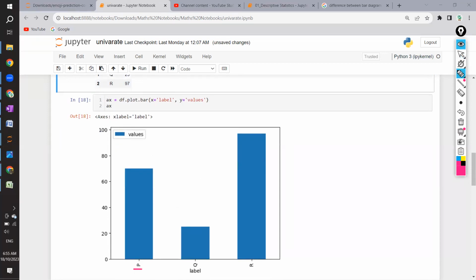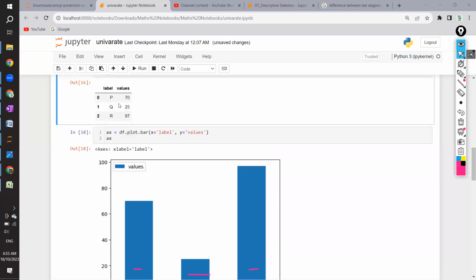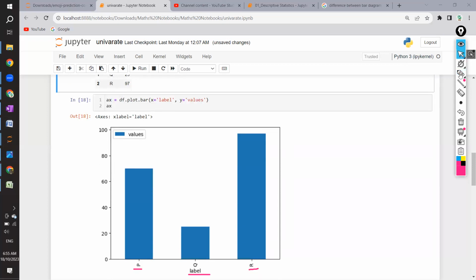See P, Q, R, and P is 70, Q is 25, R is 97. This is the bar graph. It will just tell you the frequency of different values which you have over here. So this is for the discrete values, guys.